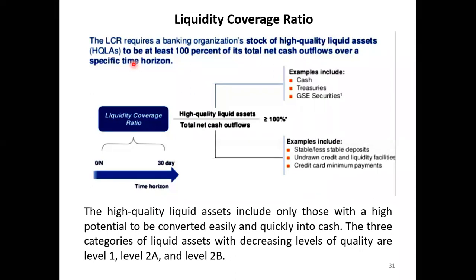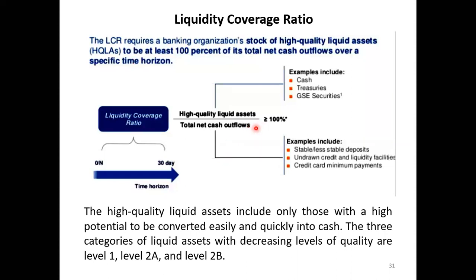When you think about land or buildings, it is very difficult to convert them into cash quickly. So the LCR requires banking organizations' stock of high quality liquid assets to be at least 100% of its total net cash outflows over a specific time horizon.